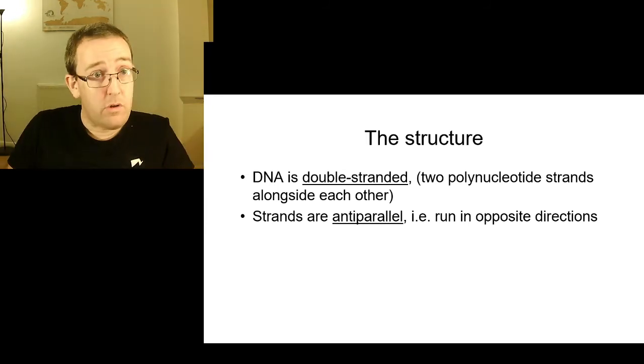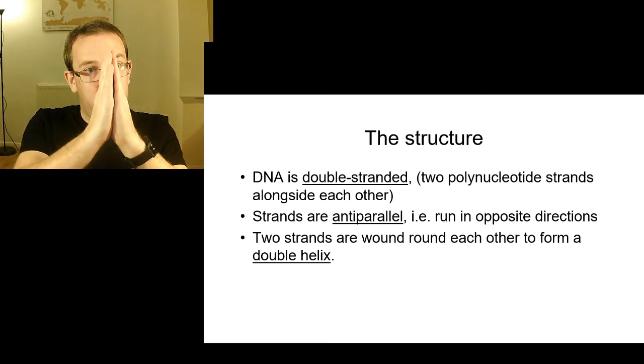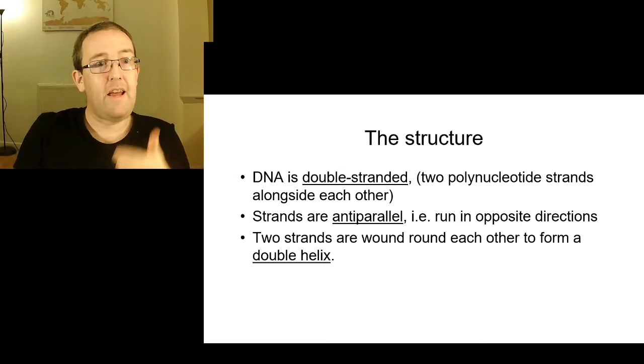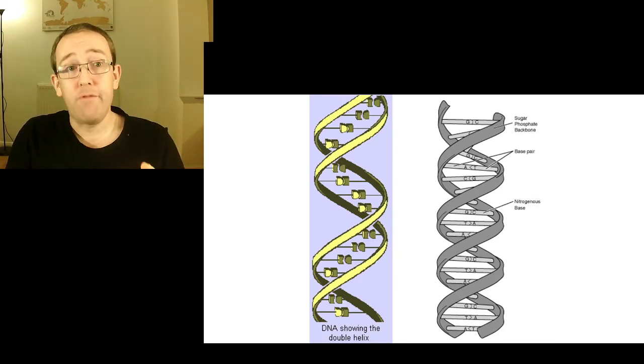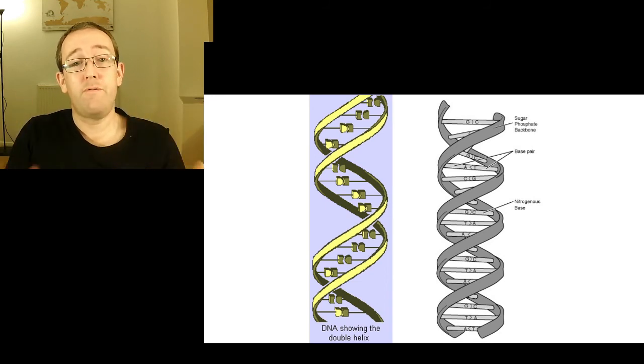So once they're anti-parallel like that, they then twist and rotate together into the now really, really famous double helix. You should be able to see this everywhere; anytime a BBC newsreader says the word science, there's some sort of graphic of this picture.